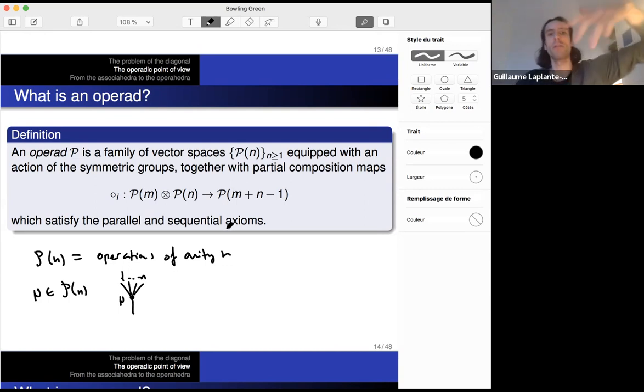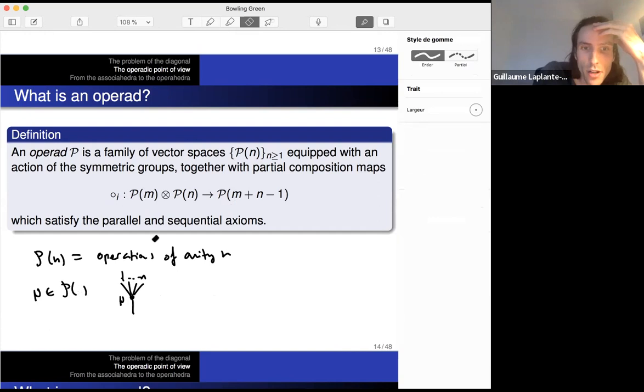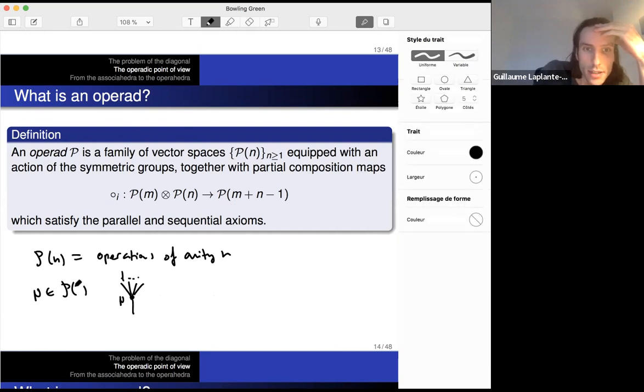You have vector spaces of operations, together with partial composition maps, which you can picture as grafting trees. So let's say that mu is in P_4, and you have a nu with 3 inputs, so it would be in P_3.